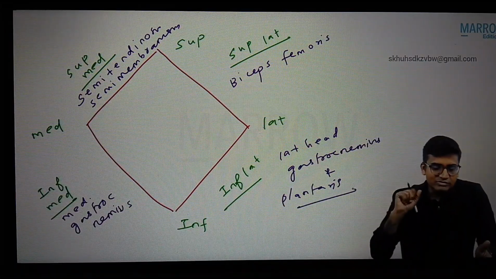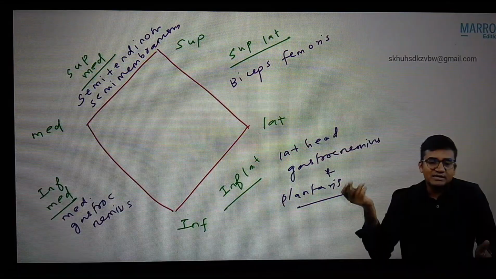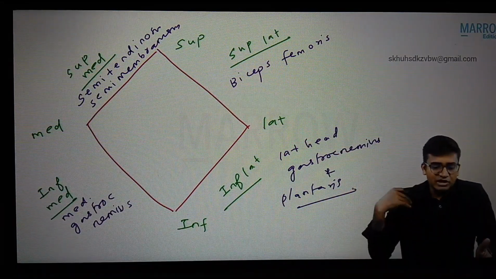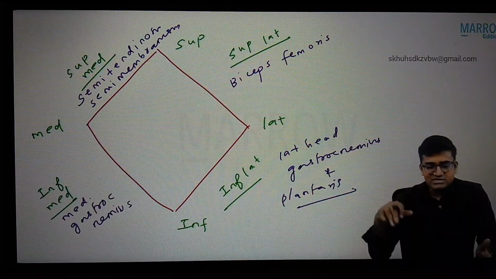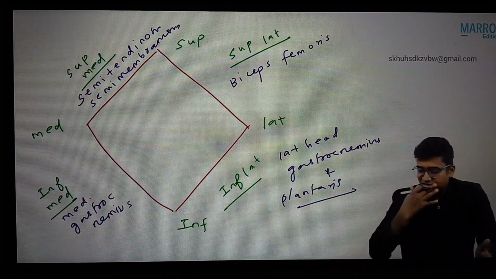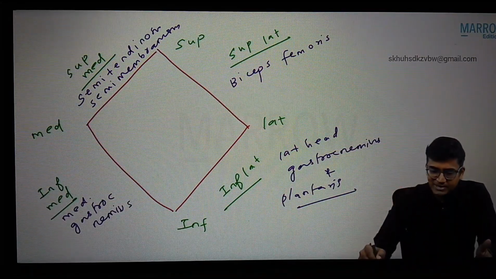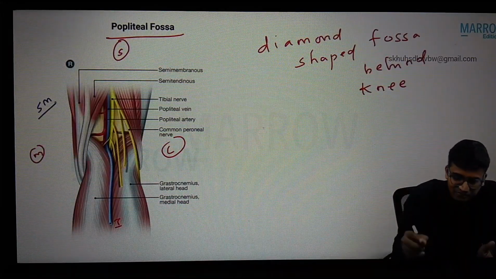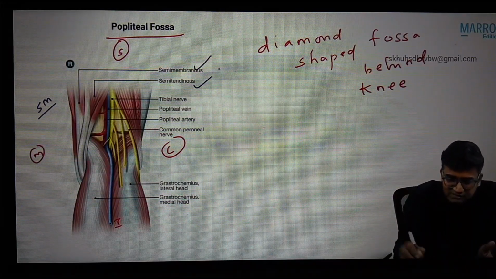Okay, these are boundaries of the popliteal fossa. Supromedially, semitendinosus, semimembranosus. Supralaterally, biceps femoris. Infromedially, medial head of gastrocnemius. Infralaterally, lateral head of gastrocnemius and plantaris. Okay, right. See the boundary? Yes. So, supromedially, your semitendinosus and semimembranosus.